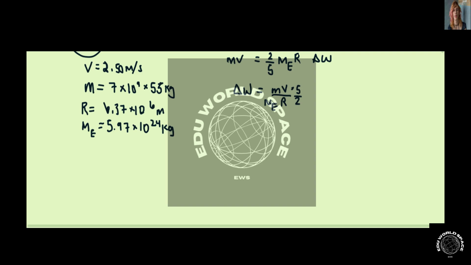Okay, now I'm going to plug this all into a calculator. So 7 times 10 to the 9 times 55 times 2.5 times 5 divided by 2.